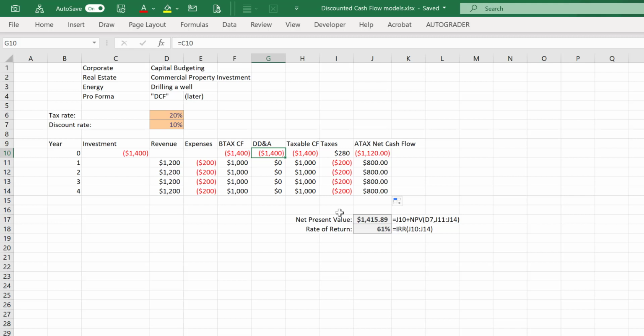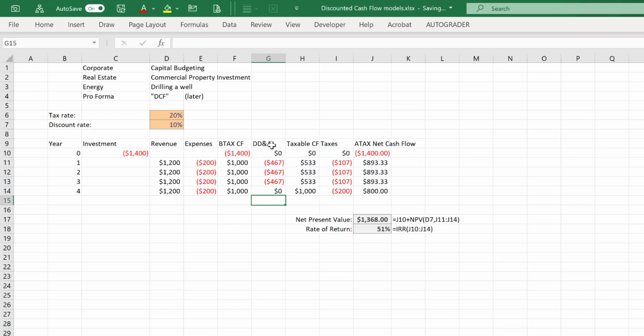We'll come back and get a more elegant way to do the DD&A following the modeling rules. But for now, let's say we don't have any in the first year. I'll hard code a 0. And I'll say in the 0th year, we don't have any. In the first year, we have the investment, and I'll put absolutes divided by 3 because I'm going to copy that down, paste, and then I'm going to hard code another 0.